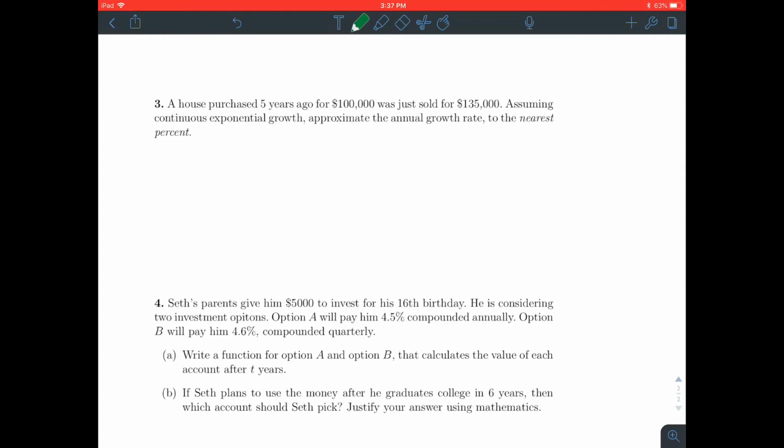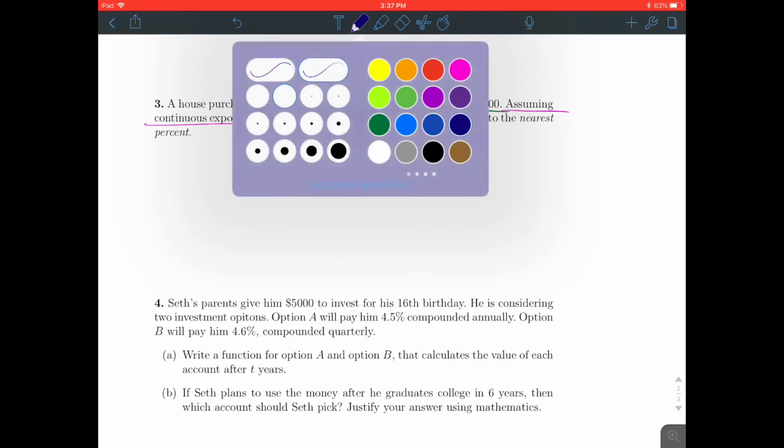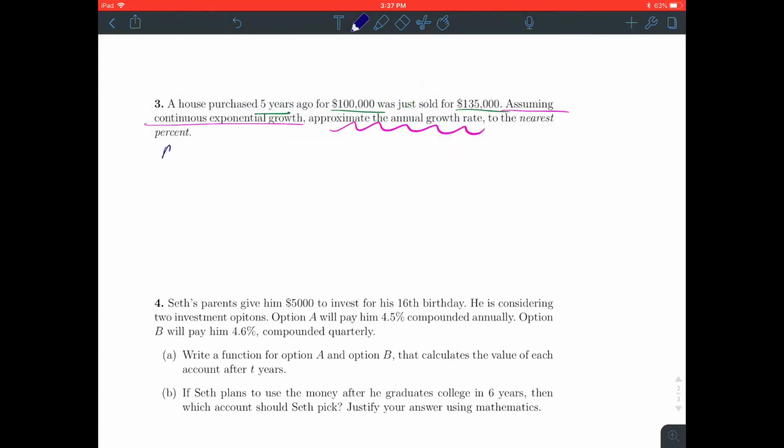For number 3, a house purchased 5 years ago for $100,000 was sold for $135,000. Assuming continuous exponential growth, hey, that sounds important. Approximate the annual growth rate to the nearest percent. So it looks like in our formula, because it's continuous, we'll be doing A of t equals P e to the RT.